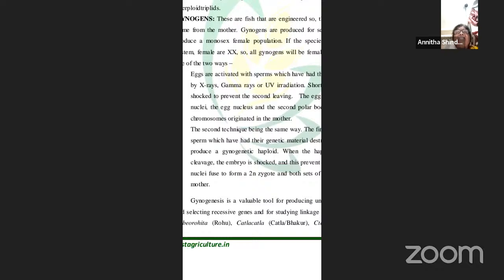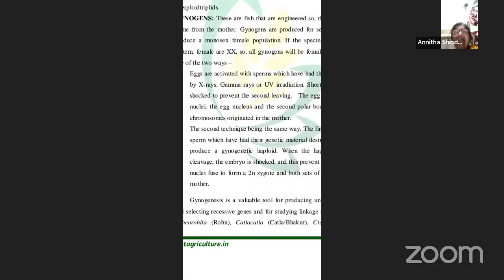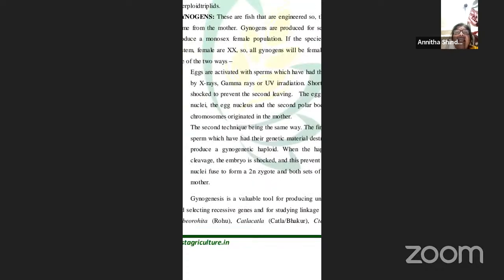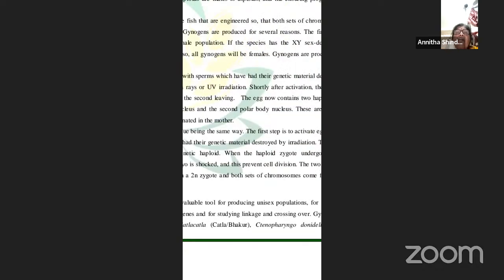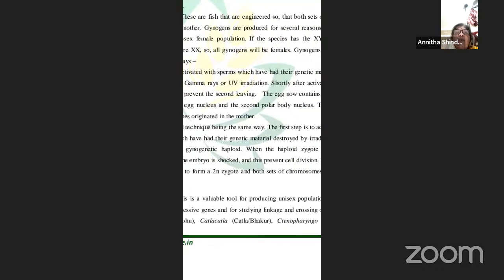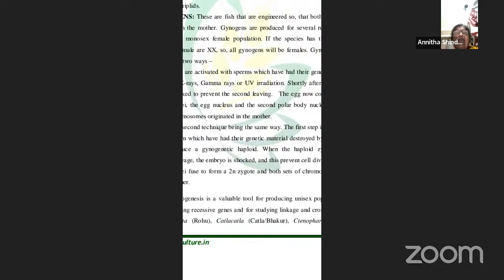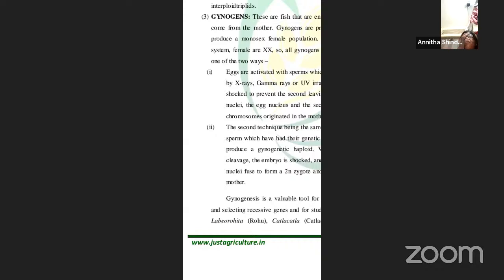If you allow such eggs and such sperms to mate, the egg is shocked to prevent the second polar body extrusion. So here the egg contains two haploid nuclei, the egg nucleus and the second polar body. These are nothing but the two sets of chromosomes originated from the mother.